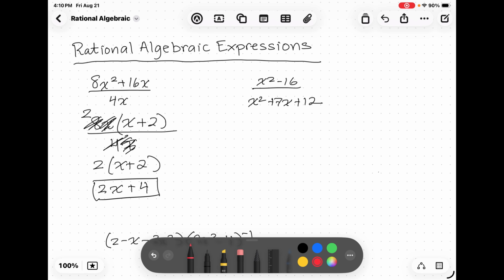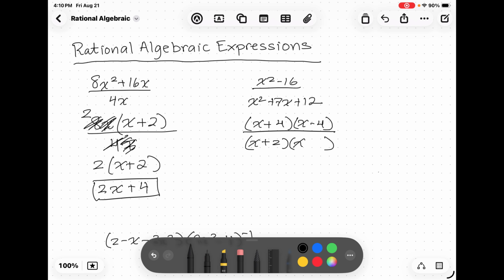Again, no factors. No factors, no canceling. Can I factor this? Numerator, do you recognize, I hope, the difference of squares? Denominator, I'm looking at FOIL. An x. And then what can I do with the 12?